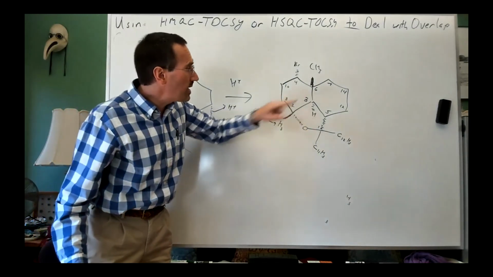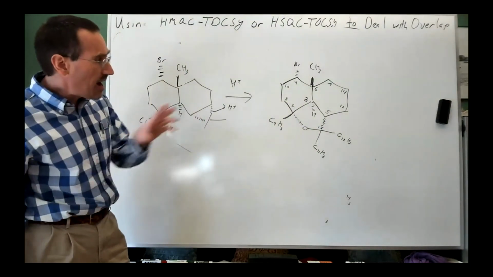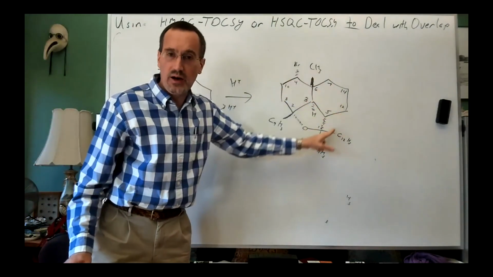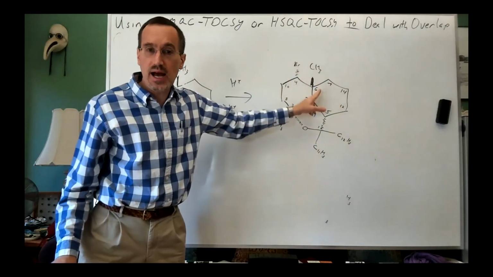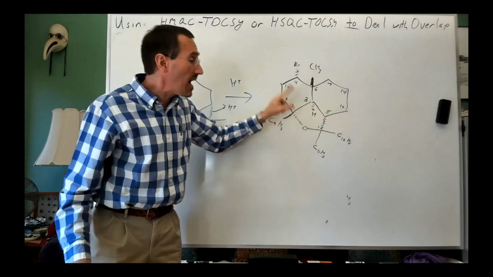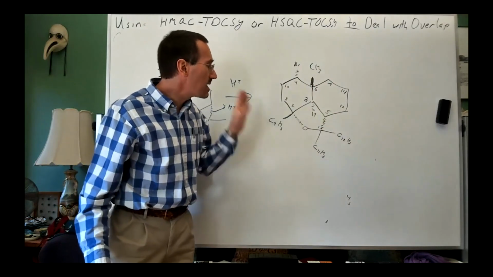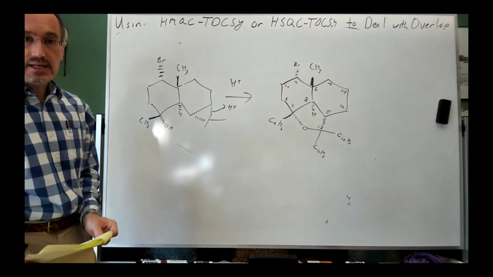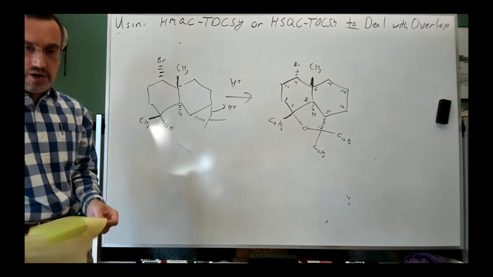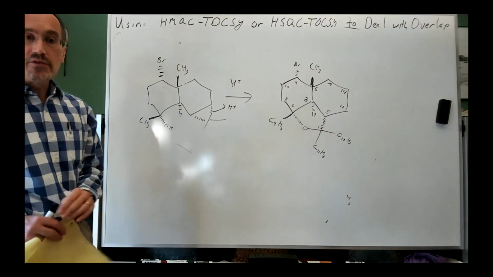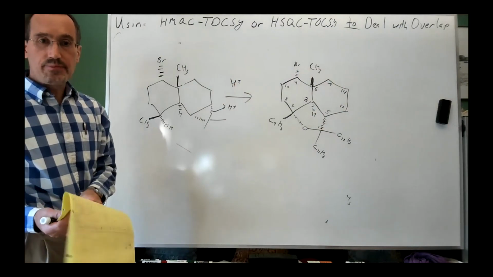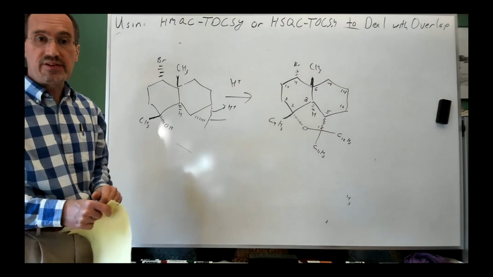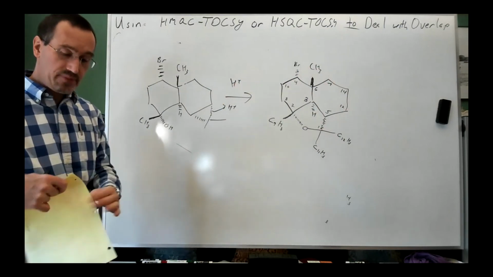And the whole connectivity came out of basically using that combination of the HSQC TOCSY or HMQC TOCSY, and then the HMBC to stitch the pieces together. So this is a very powerful technique for dealing with severe overlap when a COSY or a TOCSY just isn't good enough and your protons are lumped on top of each other.